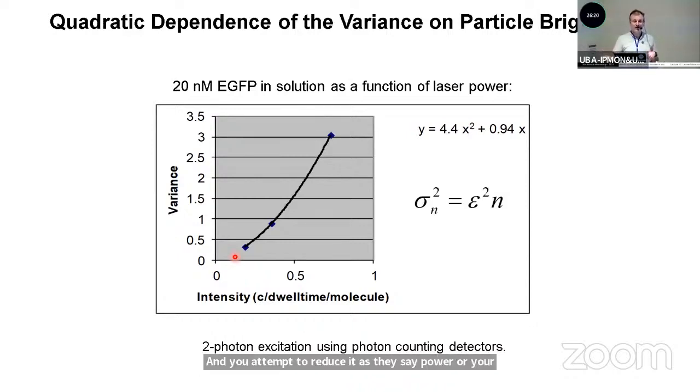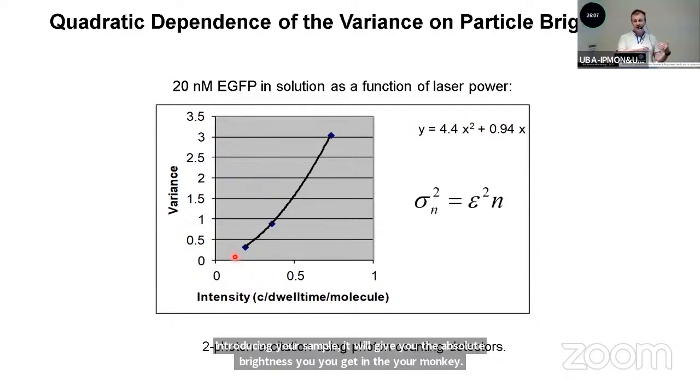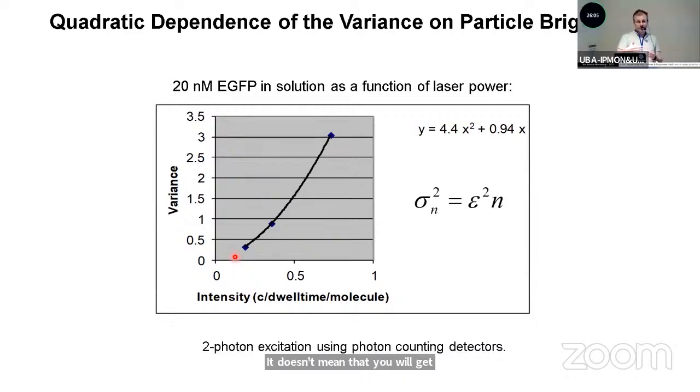So you need to calibrate again, because the amount of power that you introduce in your sample will give you the absolute brightness you get in your molecule. It doesn't mean that you will get a different state of oligomerization, and we will see that in a minute. But you need to be very careful with the calibration. In every set of experiments, and every day, you have to calibrate so you can compare one day to another.